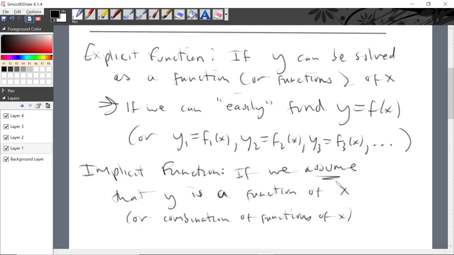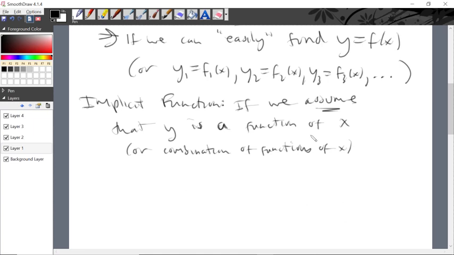So we are working on the assumption that y is dependent on x. Still, with the definition of a function being that if we choose a value for the independent variable, we would get one and exactly one value of the dependent variable. Now herein lies why we can see through the geometry of certain equations why we might end up requiring a combination of functions.